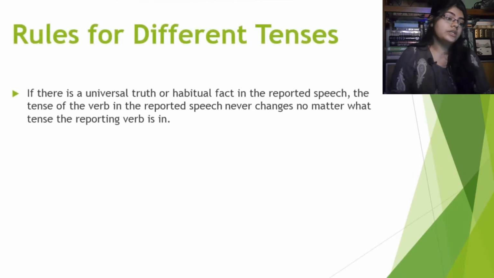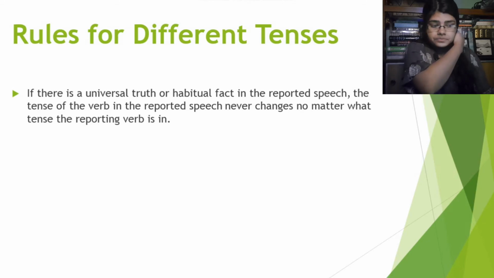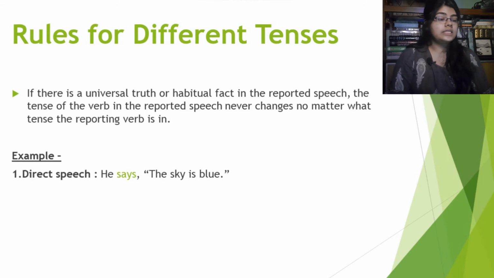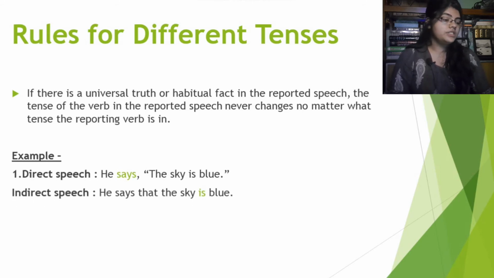If there is a universal truth or habitual fact in the reported speech, the tense of the verb in the reported speech never changes no matter what tense the reporting verb is in. For example, he says the sky is blue. Indirect speech: he says that the sky is blue.